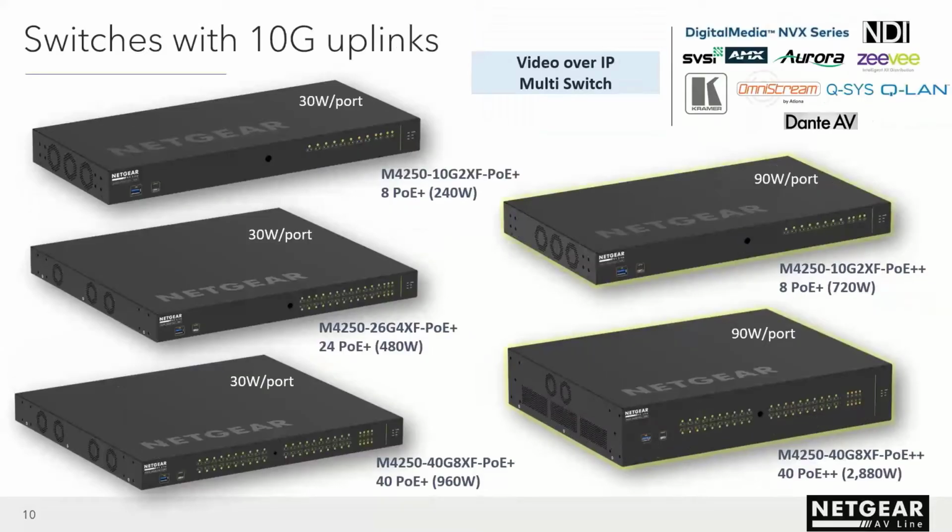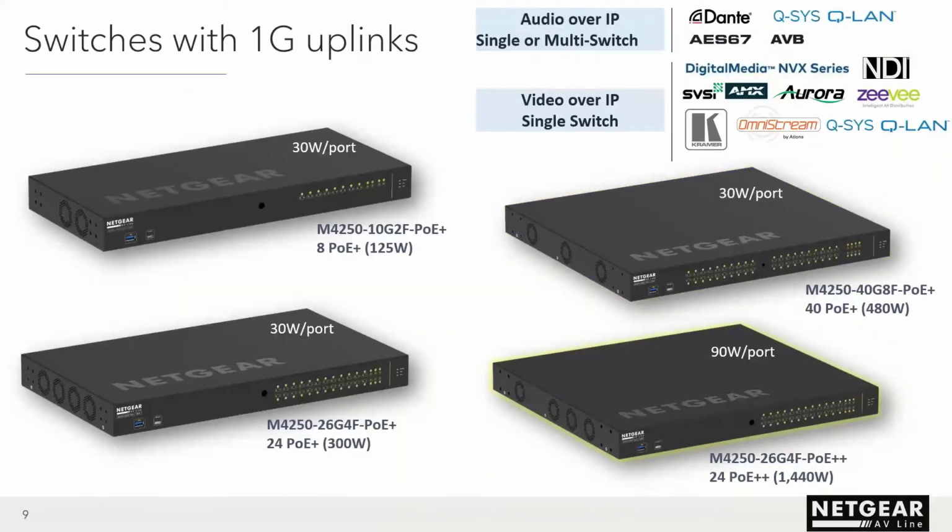As you mentioned, for 1G installations, there's a lot of audio stuff because they don't need a whole lot more, right? This is absolutely correct. And again, audio installations are very cost sensitive, because customers don't expect to pay the price of a larger switch with plentiful bandwidth with the 10 gig uplinks. This is how it is. So this is why the first group is probably going to be the go-to for audio.